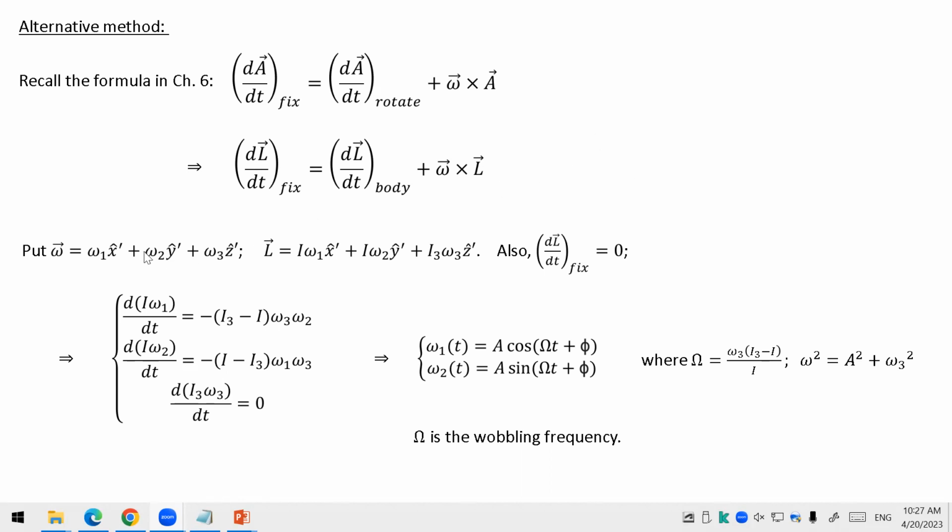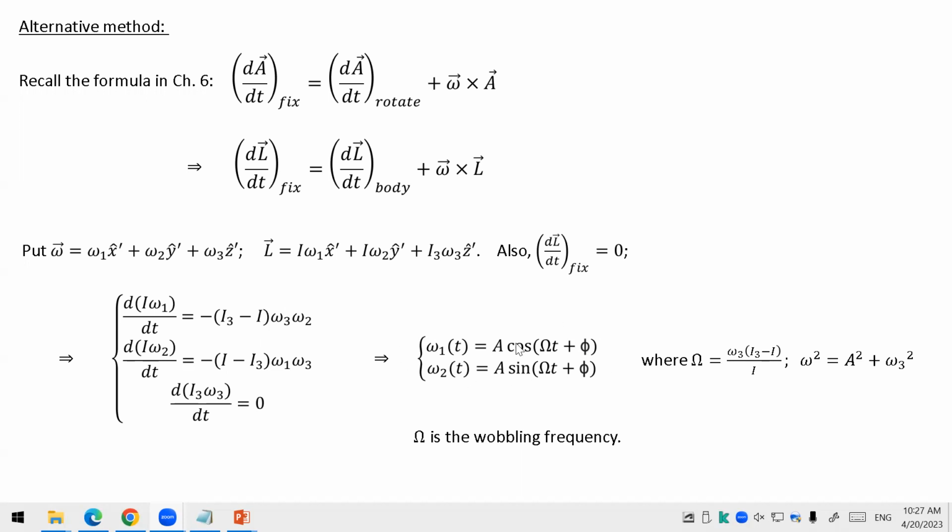If I decompose this equation into 3 components, then you should get these 3 differential equations. I'll skip the steps of solving, but you should find that omega 1 and omega 2 are given by this.